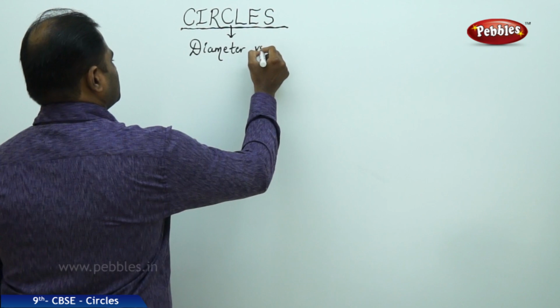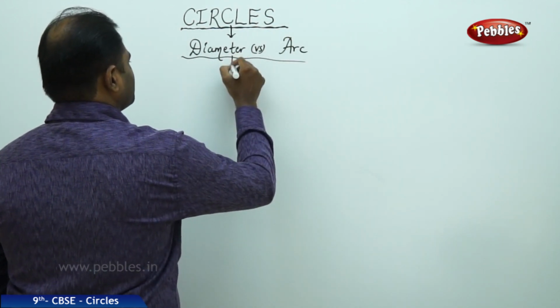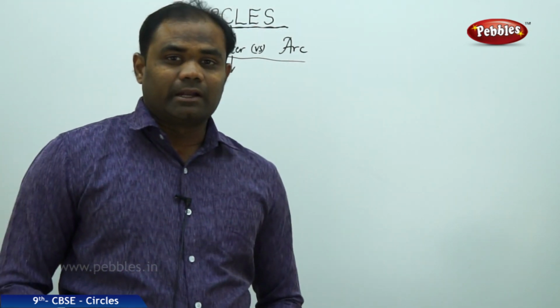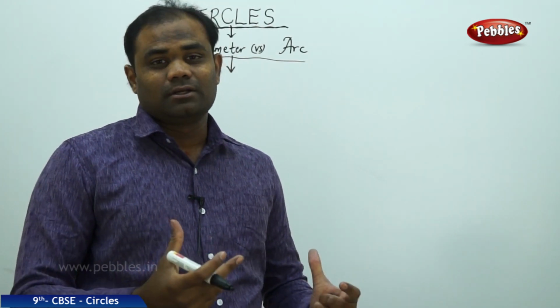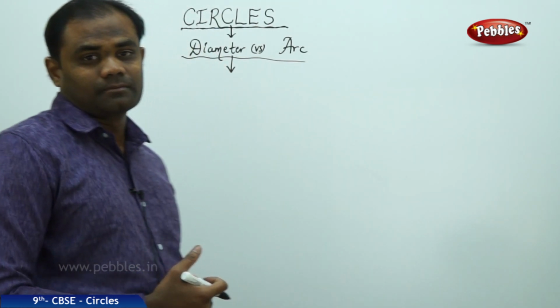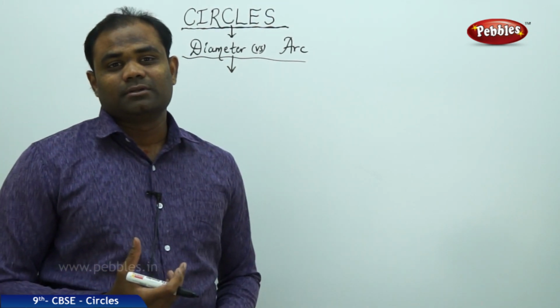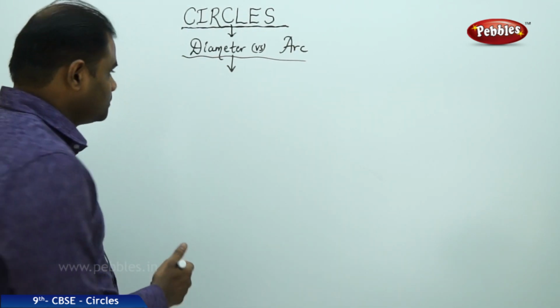Diameter versus arc. In order that we understand the arc connected with the diameter of the circle, let's take a circle connected with the diameter. As we all know that a circle with the diameter just simply has a line passing through the center of the circle.